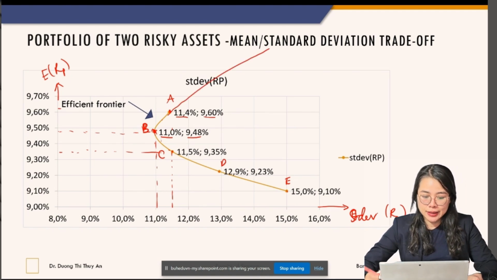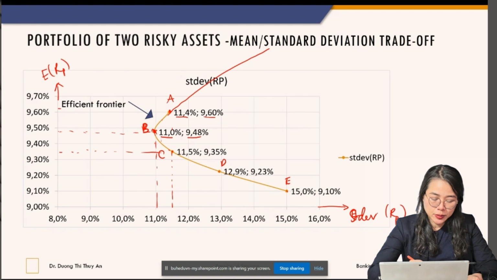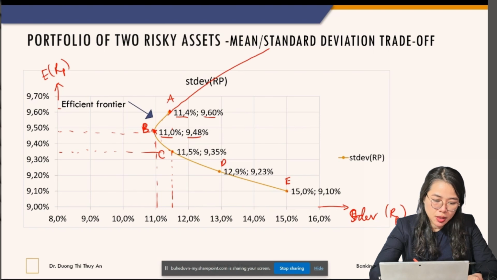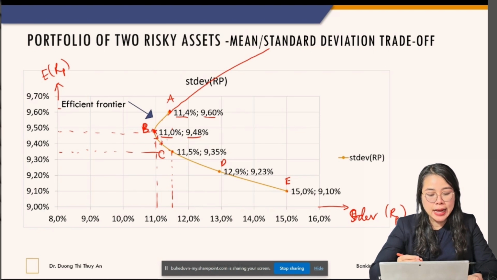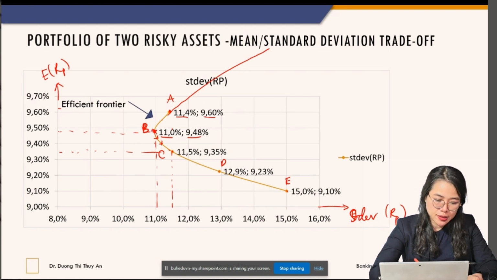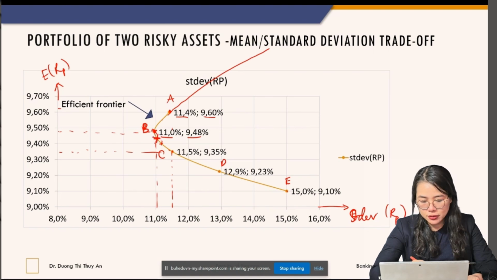Now it becomes clearer, with the same argument as portfolio C, that any portfolio you choose below portfolio B has inferior characteristics compared to portfolio B. For example, if you choose this portfolio just right below B, for sure it has higher risk than B and lower expected return.